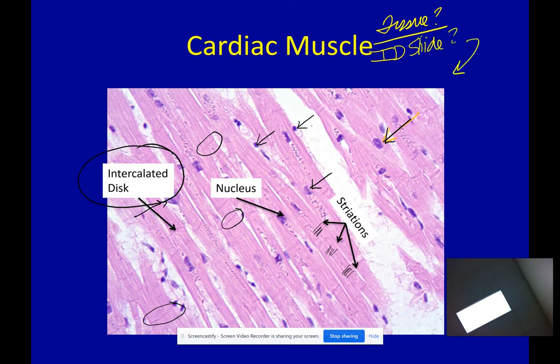Well, this is cardiac muscle. Where would you find it? There's only one place to find cardiac muscle in the whole body. The heart. That's why it's called cardiac muscle. And then identify A, B, and C. With this one slide, I'm able to ask you at least 6 questions, okay? Just so you understand.